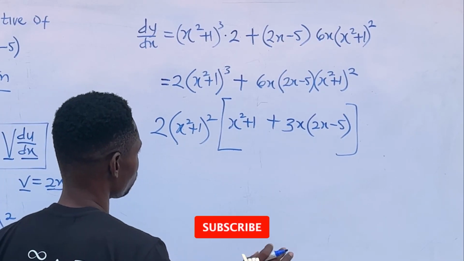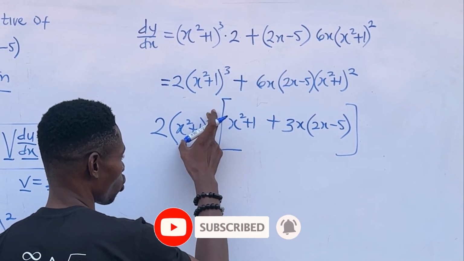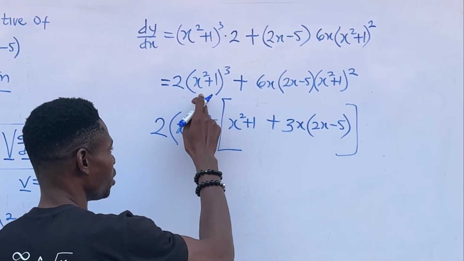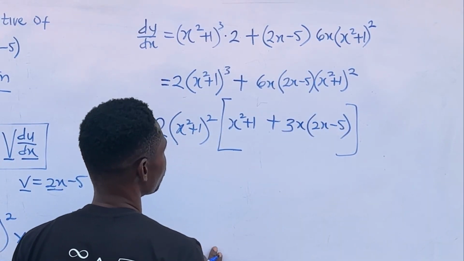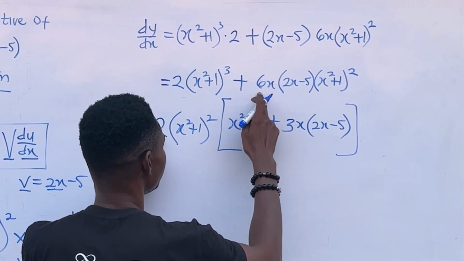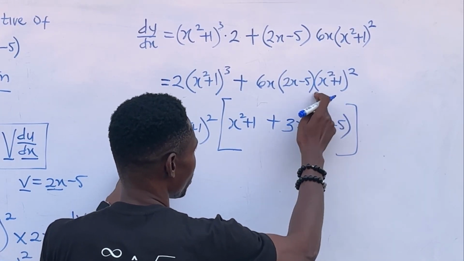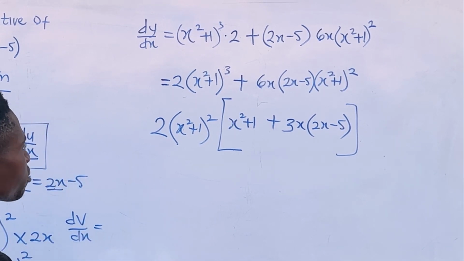Don't get it twisted: the cube is the square and this one. So this side is settled. For the other side, we have 2 multiplied by 3, that's 6, with your x and your 2x minus 5, and the (x squared plus 1) squared is out here.